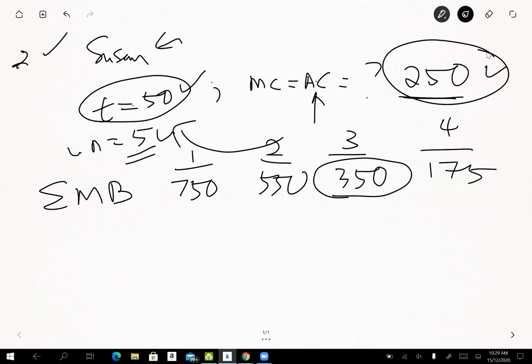Okay, let's say we make it T equal to 50. All right, if T equal to 50, that means you change the average cost from, did they say, 250? So then, if the tax share is given, I don't think we need the average cost, right?